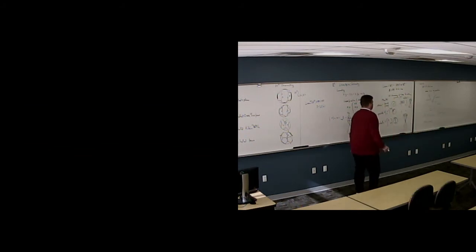By the way, you can choose A naught dot A naught equal to 1, because it makes sense to ask what the length of A naught is, since I have an inner product. You can't really choose the length of A plus and A minus. You can impose lengths on them, but it doesn't really mean anything Lorentzian.